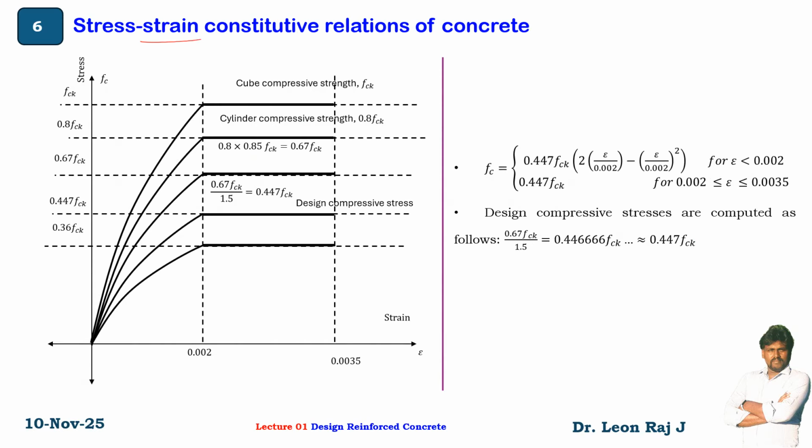The stress strain constitutive relationship of concrete is shown here. The y-axis is stress and the x-axis is strain. The initial portion is parabolic, and when the stress strain graph reaches the ultimate, the IS code presumes it as constant.